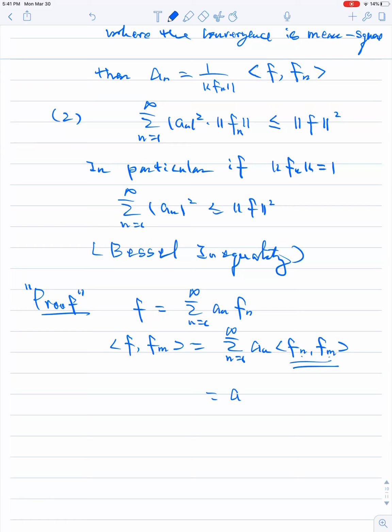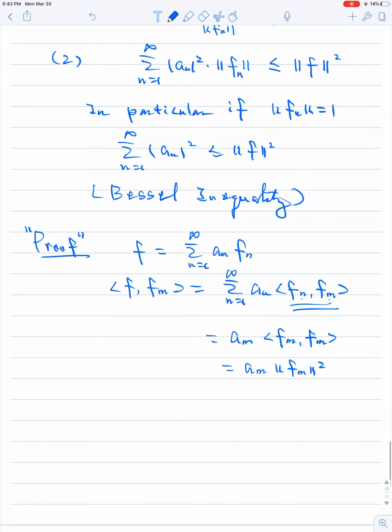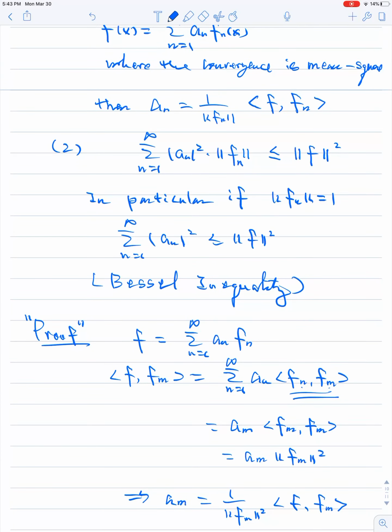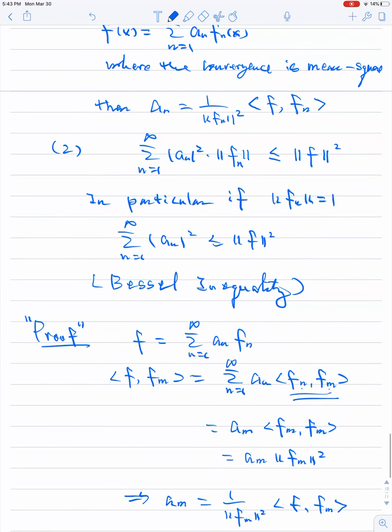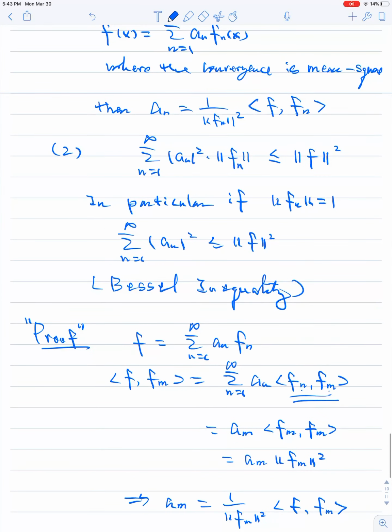So the only term that's not 0 is when n is m, and in this case it is a_m times the norm of f_m squared. Therefore a_n is determined by the inner product of f and f_m divided by the norm of f_m squared. So what I wrote down here, I should have a square here, so that is consistent with my formula.